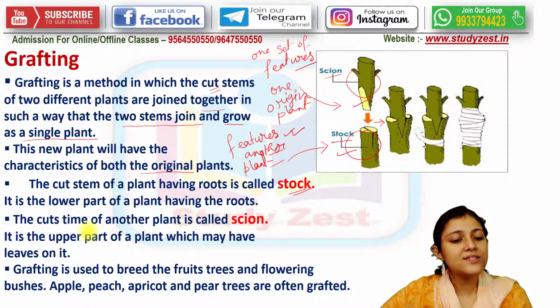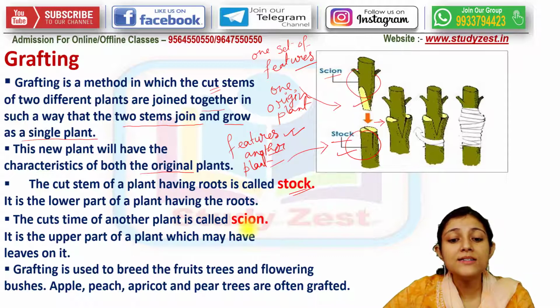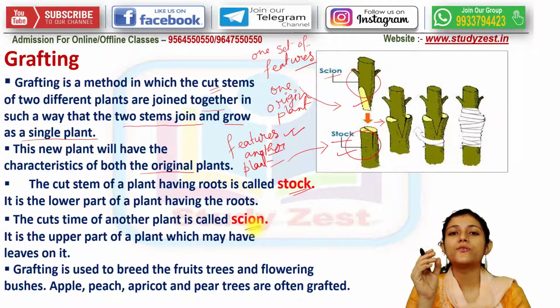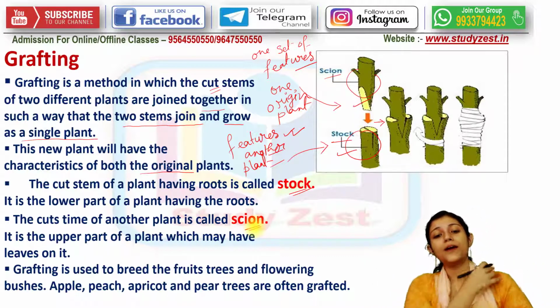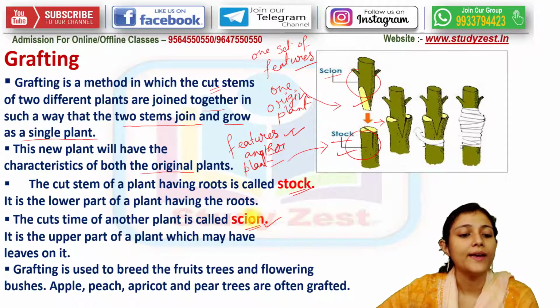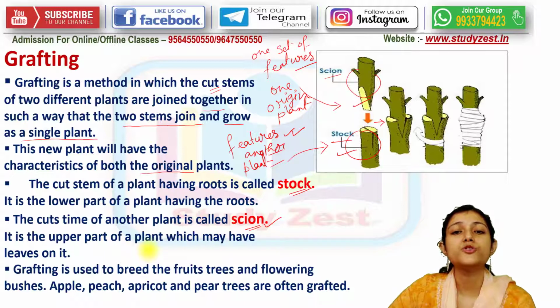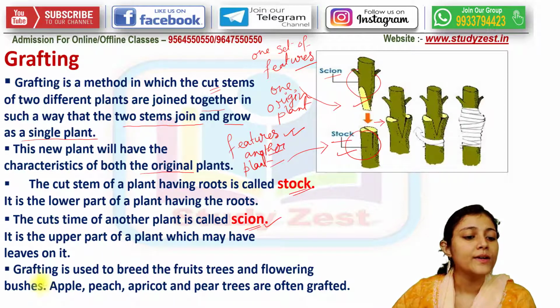And the cut part of the other plant is called the scion, meaning the part of the plant from where the shoot is collected, that plant is known as the scion. And as it represents the shoot of the plant, definitely it will be the upper part of the plant, unlike the stalk.